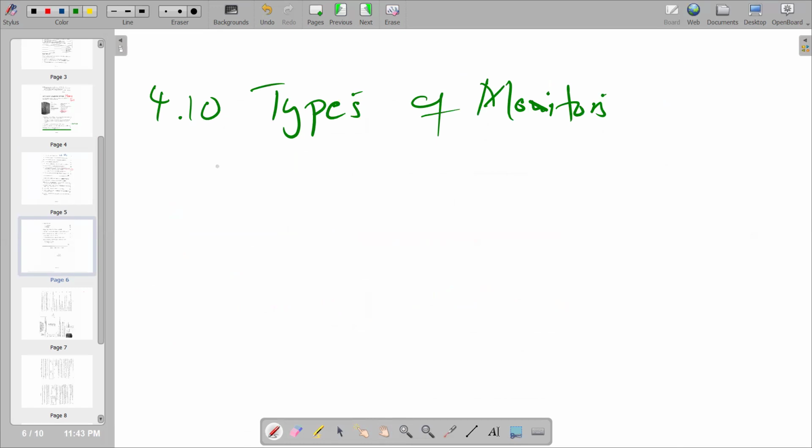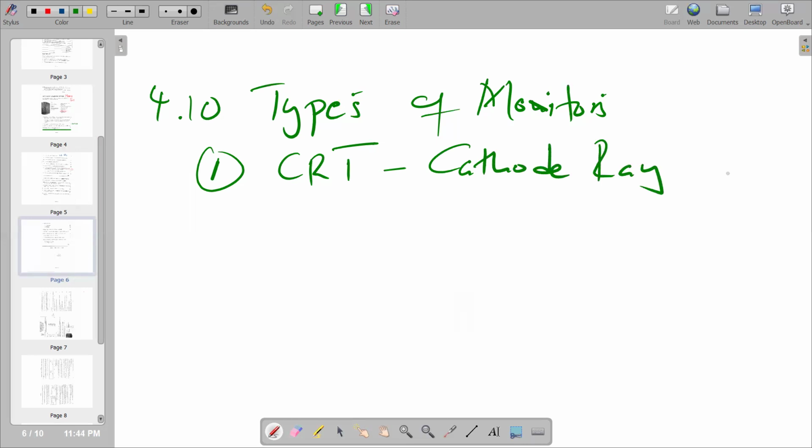of monitors. We're saying the first one, we are having the CRT. And the CRT is the cathode ray tube. Then we go to the second one, which is now the LCD, which is the liquid crystal display.